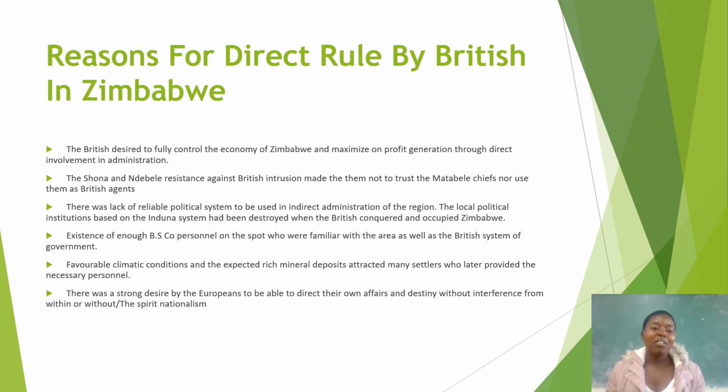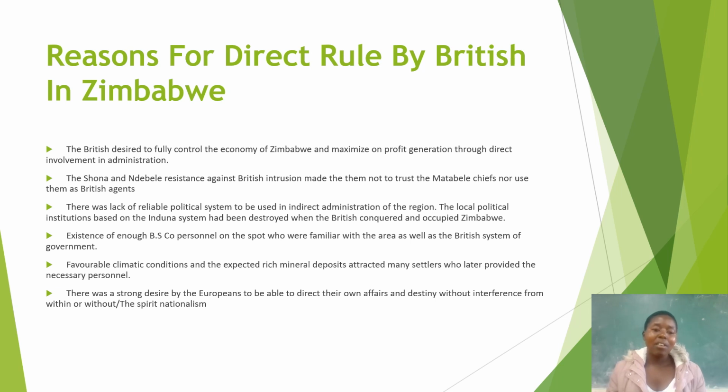The next point, the Shona and Ndebele resistance against British intrusion made the British not trust the Matabele chiefs nor use them as agents. Then the third point, there was a lack of a reliable political system to be used in direct administration of the region. The local political institutions based on the indigenous system had been destroyed when the British conquered and occupied Zimbabwe.